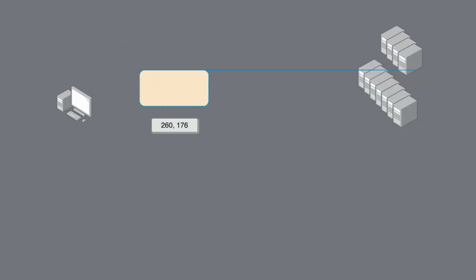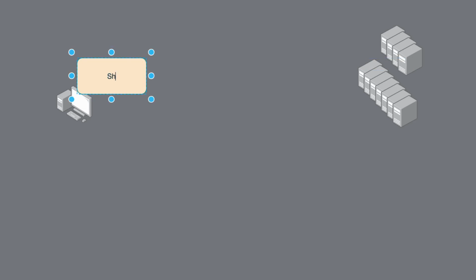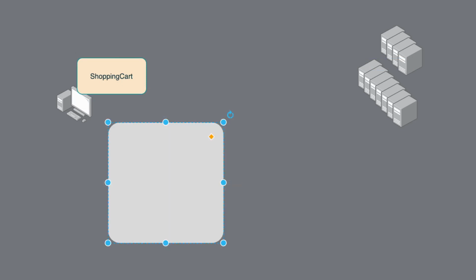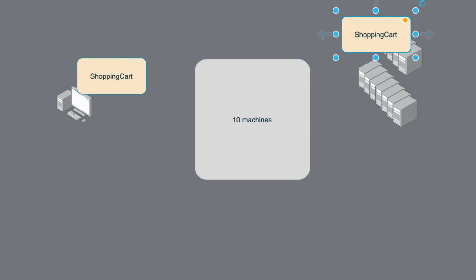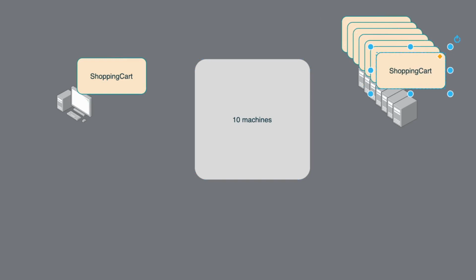you can actually write code, right? Assume you have a shopping cart application. When I want to run the shopping cart application, I want to run it on some 10 machines, because I'm getting high load. The shopping cart will run 10 times on different machines in my infrastructure, right?